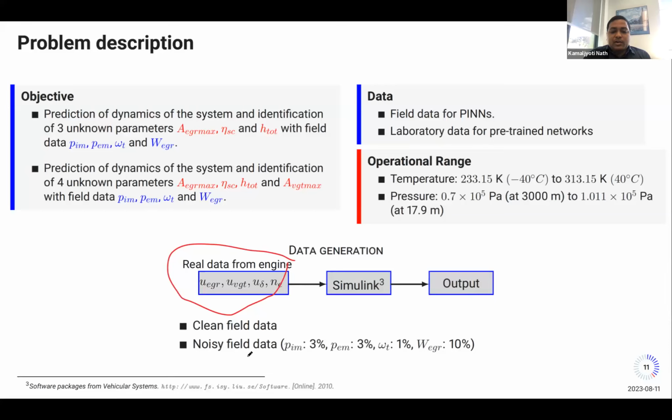So we added noise based on 3%, 3%, 1%, and 10%. Why are they different? The field data uses different types of sensors to measure, so they have different noise levels. This WZR is the highest one because WZR is not calculated directly. It's calculated from pressure measurement across the EZR. So it has more error.